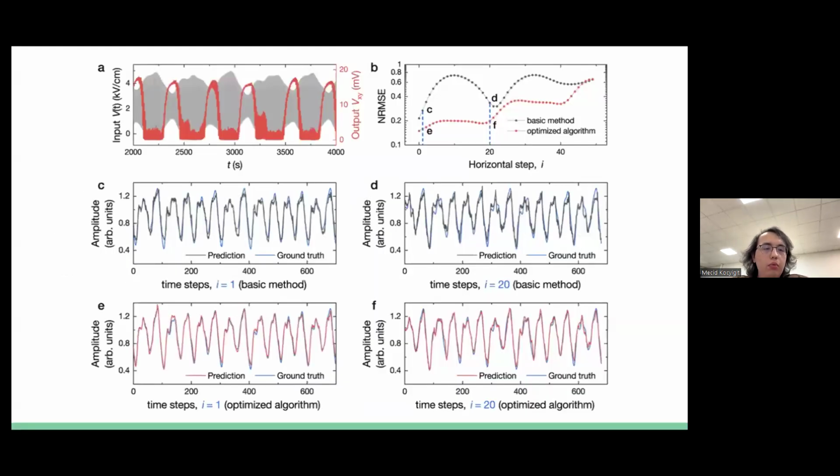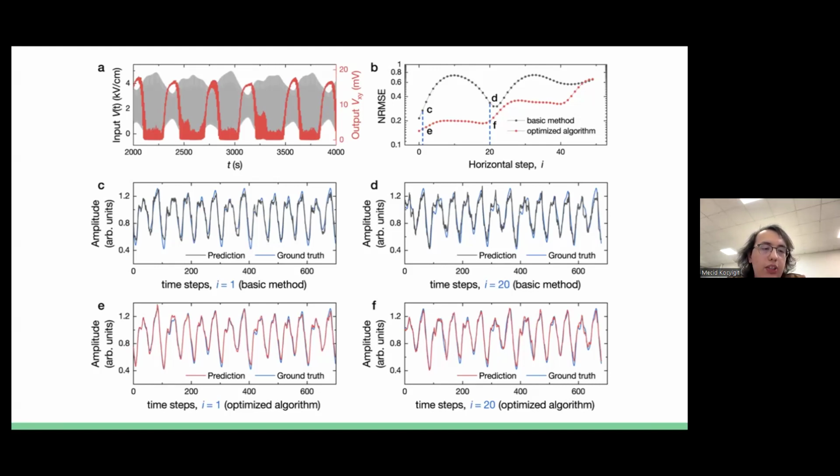Now here are our results for the Mackie Glass time series. The physical reservoir receives a preprocessed sequence of electric voltage inputs. As I said, the first few values of our series, the gray data set in figure A, you can see the input values, and the output is obtained from the Hall voltage multiplied by, of course, a trained output matrix.